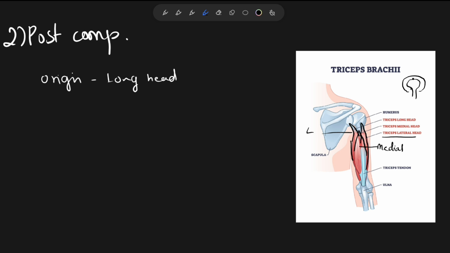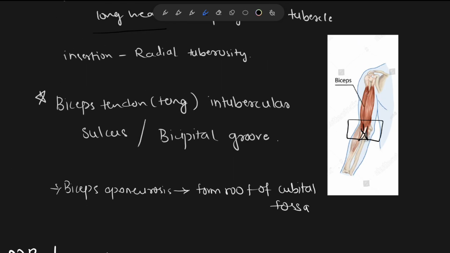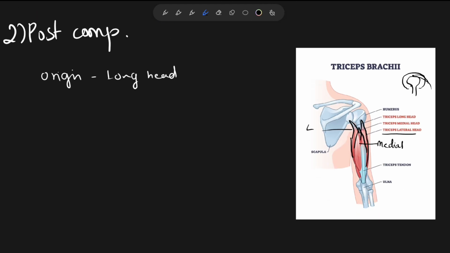From the supraglenoid tubercle, which tendon was coming? Yes, we learned this: the long head of the biceps brachii. But from the posterior compartment, the muscle coming from the infraglenoid tubercle is the long head of the triceps muscle.